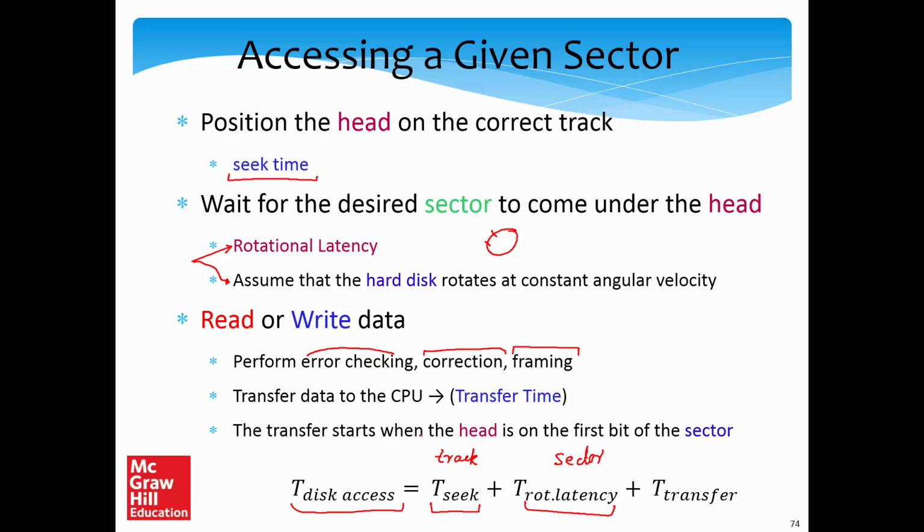Once the head is on the first bit of the sector, the time it takes to basically read out all the data, perform error checking, the framing, and transferring it to the CPU is called the transfer time. So the sum of these times is the time it requires to actually perform a hard disk access. What are the three components once again? The seek time, the rotational latency, and the transfer time.